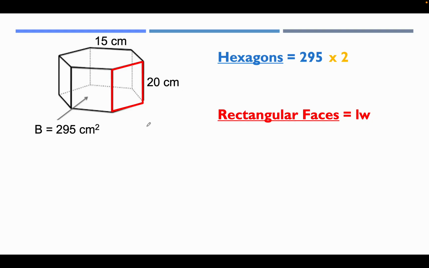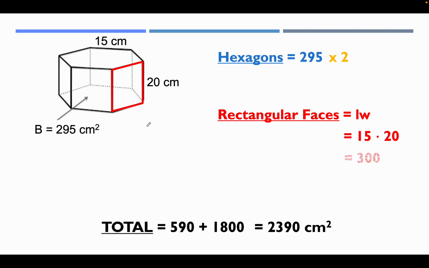But then we need to multiply the area of each of the faces going around the prism, so that's 15 times 20, and then as we said, there are going to be 6 of them. So when I have 15 times 20, we get 300, but then we need to use that 6 times. So that's 1800. And then there we go. Both hexagons together is 590. All 6 rectangles are 1800 for a total of 2390.